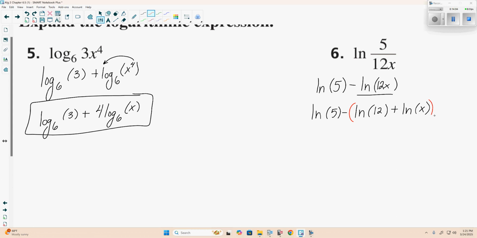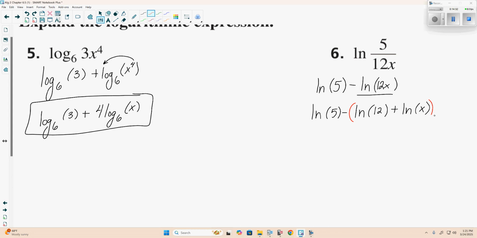This one we're going to need to put parentheses around. Because as I stated already, if it's going to be on the bottom of the fraction, it has to have a minus out front. So that negative, which is telling us it's in the bottom of the fraction, isn't just being applied to the ln of 12, it's actually being applied to both the ln of 12 and ln of x. So one way we can do this is just leave it with those parentheses.